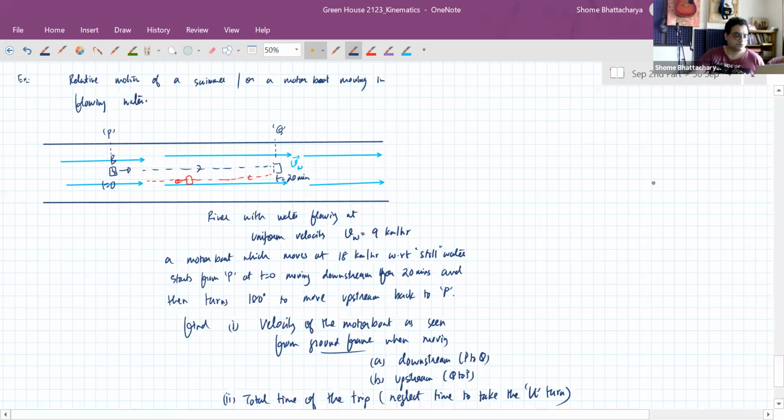Okay, so let's understand how we will apply the concept of relative motion over here. So of course, here we'll apply the relative velocity concept. There is no acceleration involved.